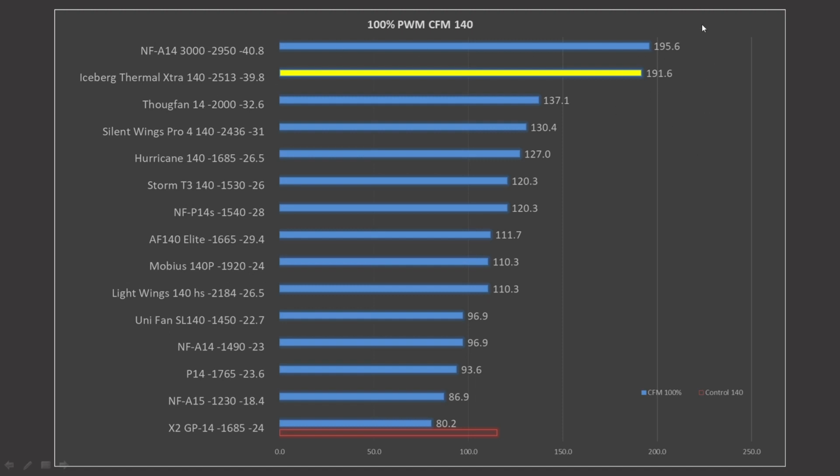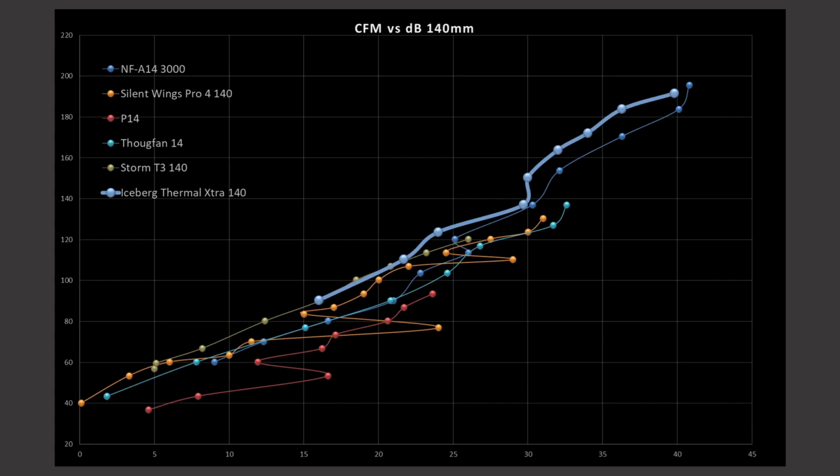These fans, the A14 and the IceGale Extra, were much farther separated in all the other graphs until we hit the CFM one, which iterates my point that it hides results if you're only looking at CFM. You need to take a full encompassing view of these fans to get all the information you can get.